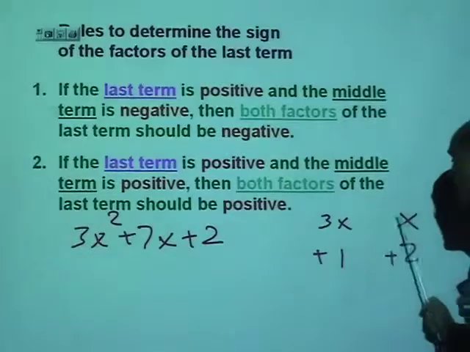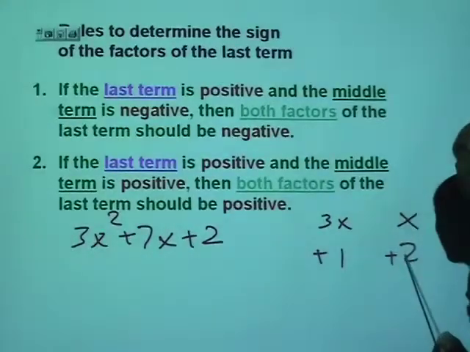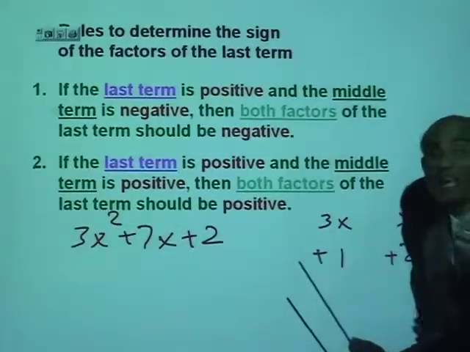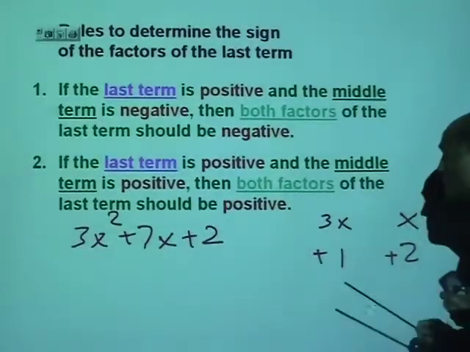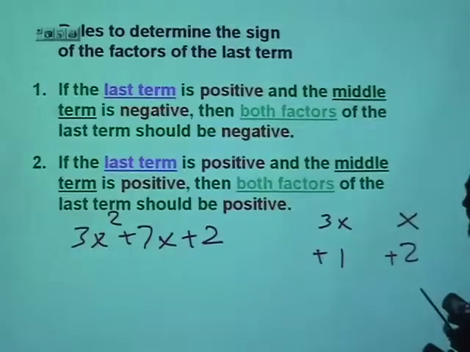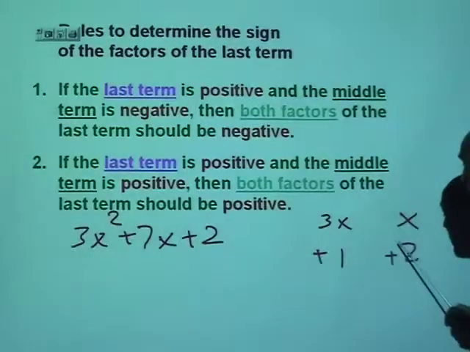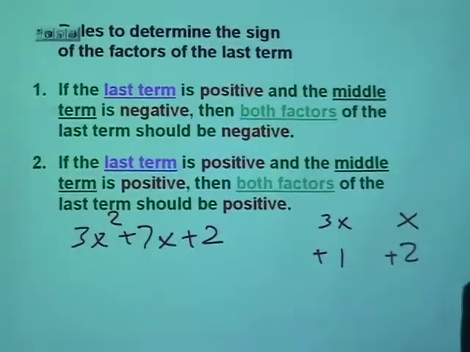Now, you notice I wrote the 2 below x because I know that is where it is going to fit in. Alright, and positive 1 below 3x. And now what do we do? Multiply diagonally. In other words, multiply positive 2 with 3x. What do you get? 3x times 2 is positive 6x.